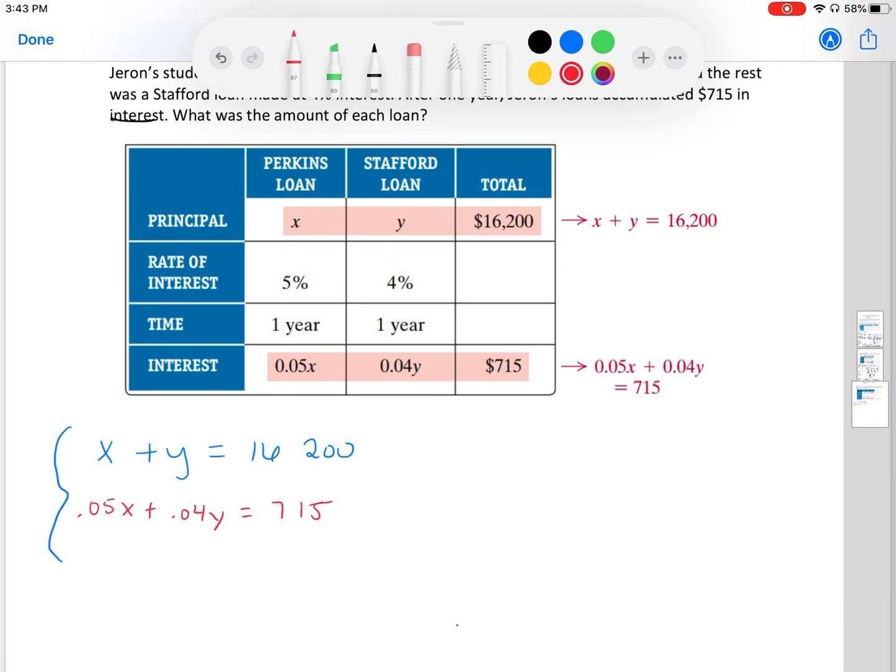Okay, now we have our equations. Just like before, if you want to get rid of the decimals, move it over twice for everything, so we're multiplying by 100. So that we have 5x plus 4y is equal to 71,500.